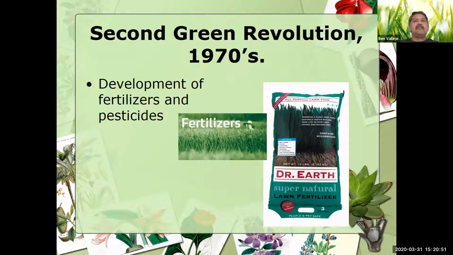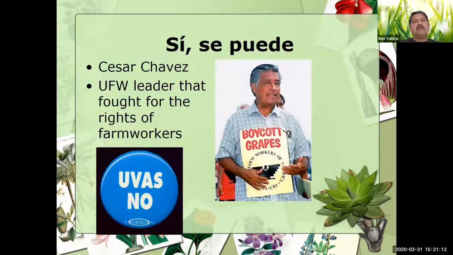During the 70s, we have the development of fertilizers and even pesticides, but that too became an issue as farm workers would stand out in the field, and then not just fertilizers, but pesticides would be sprayed on them by the crop dusters.